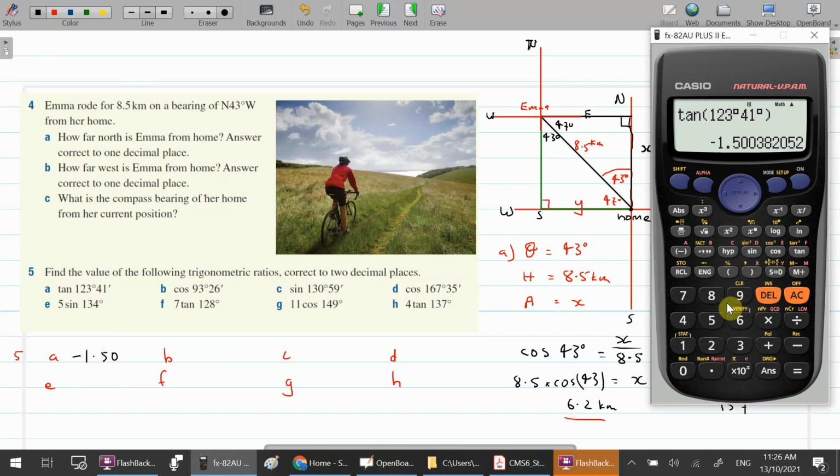Okay, part B. Cos of 93 degrees, 26 minutes, negative 0.06.